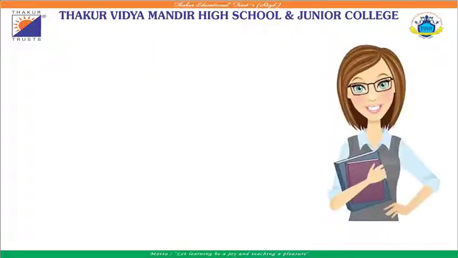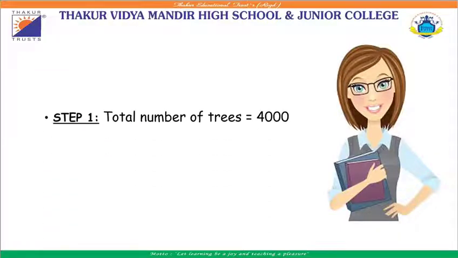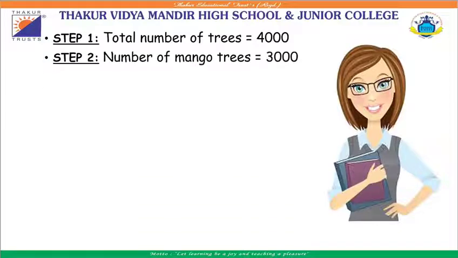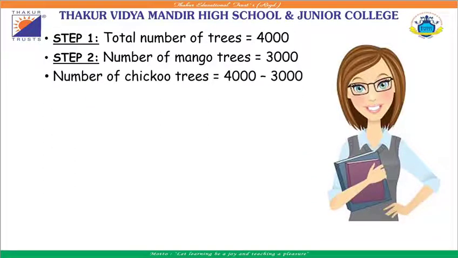So starting with the steps, total number of trees is equal to 4000. Number of mango trees is equal to 3000. Therefore, to find the number of chiku trees, I have to subtract the number of mango trees from the total number of trees.